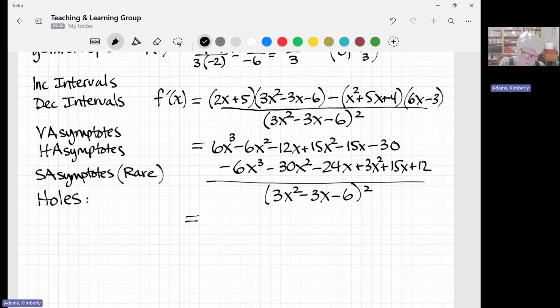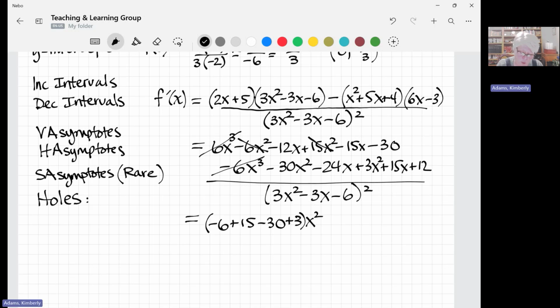So gathering terms, those two cancel. I've got negative 6x squared, negative 6 plus 15 minus 30 plus 3, all times x squared.